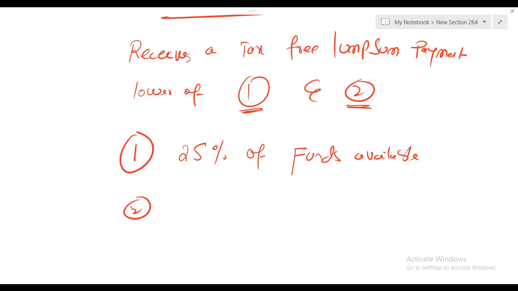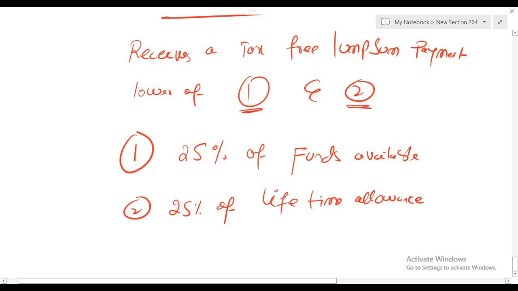And the second is 25% of lifetime allowance.